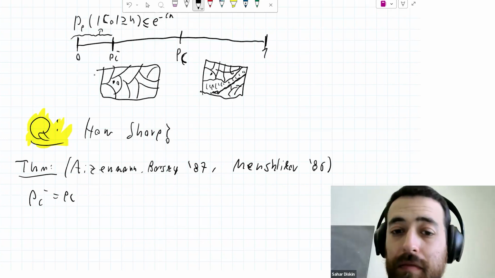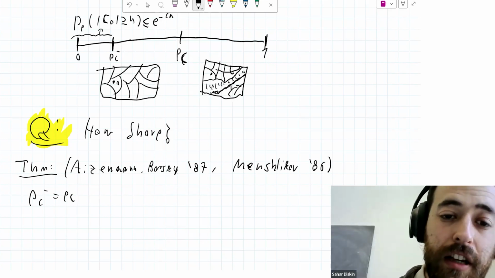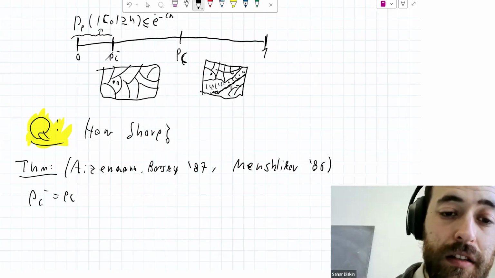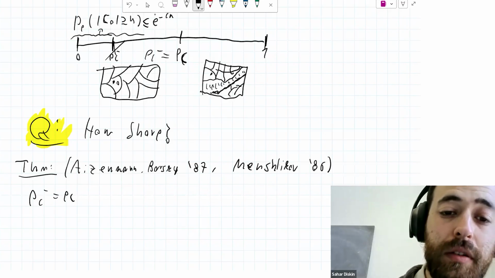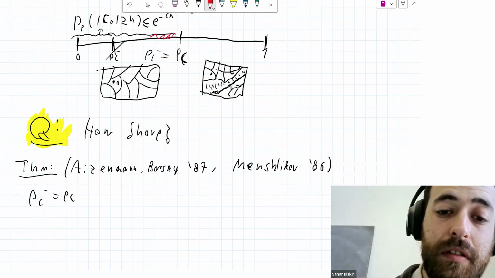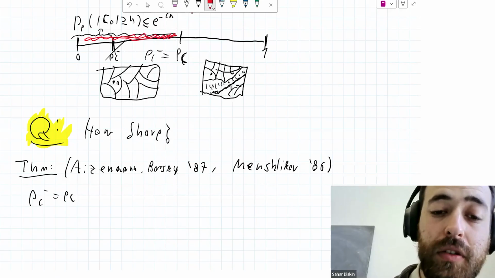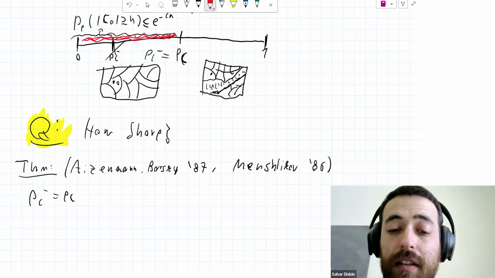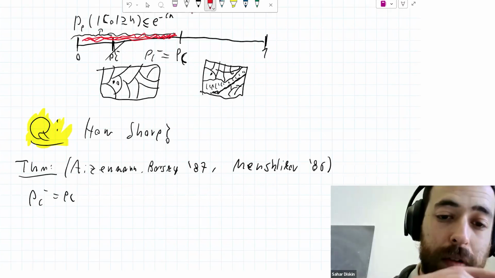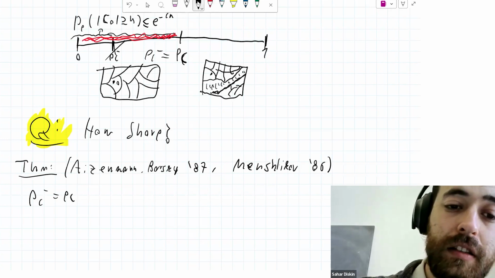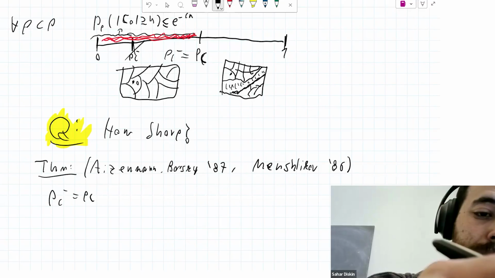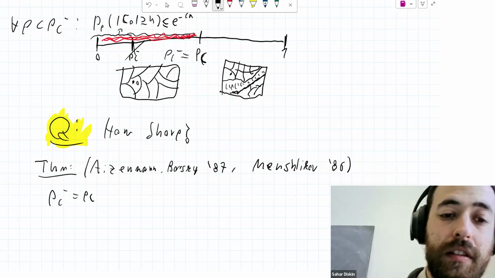That is, the actual image is not what I drew here, but rather this is the same, and throughout this entire regime we have this behavior. So long as I'm below the critical point p_c, I have that, just to be clear, obviously this is for every p which is below p_c minus, this holds.